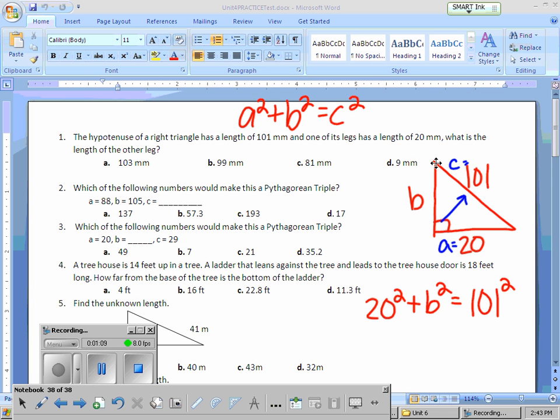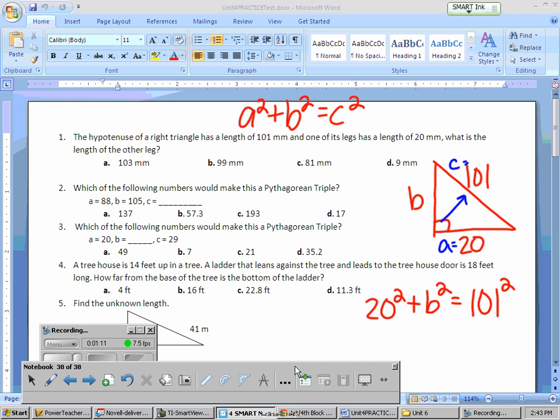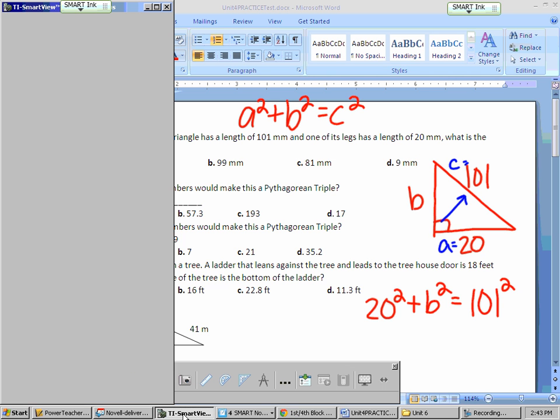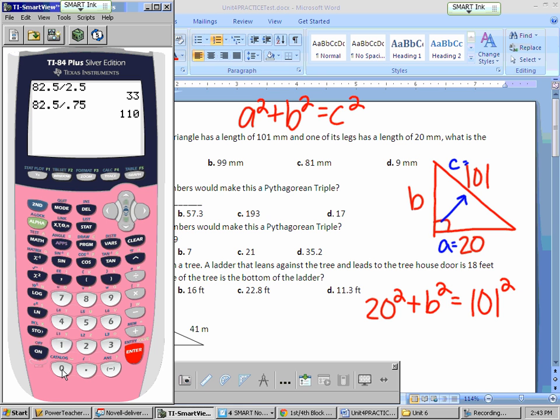So in our calculator, we're going to take 101 squared. 101 squared gives us 10201.